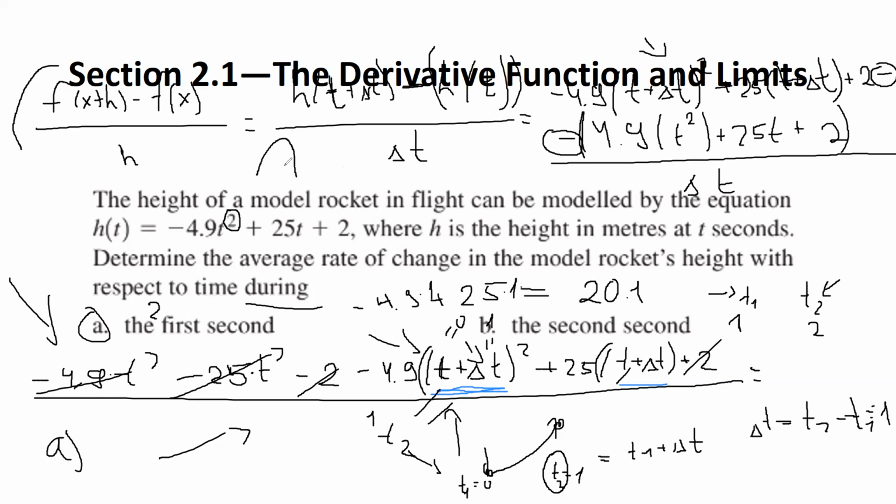So can you tell me what would be the height of the rocket at the 0 second? 2. Exactly.